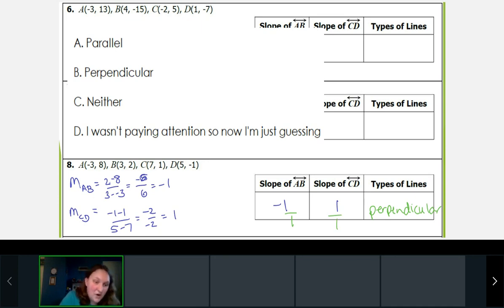I would put a star on number 8, because students will see a -1 and a 1 and say neither, because they don't look like reciprocals. It seems to be the one that throws students off the most. So you just have to remember that -1 and 1 are actually opposite reciprocals.